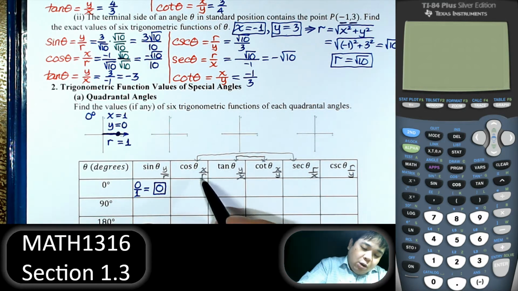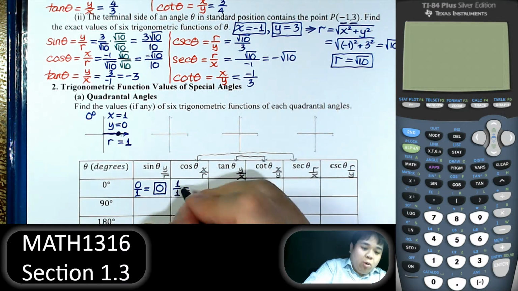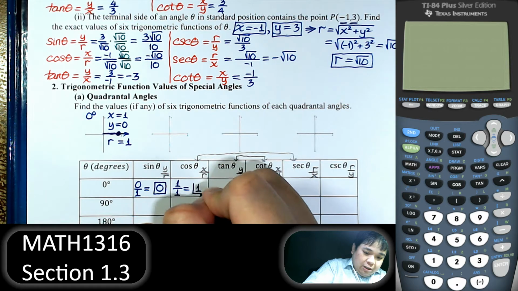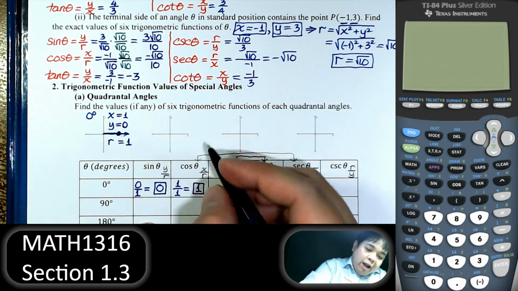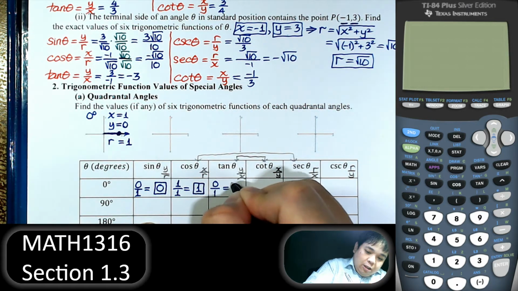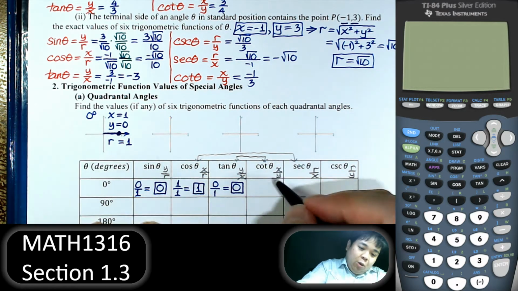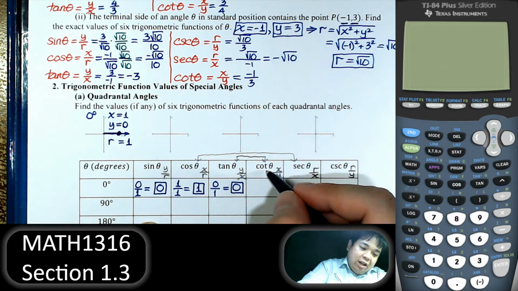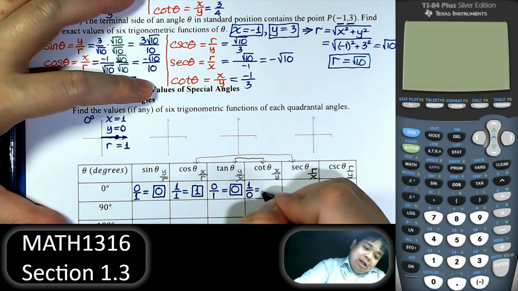Next, cosine is x over r, 1 over 1, which is 1. Tangent is y over x, 0 over 1. Cotangent is x over y, 1 over 0, so in that case, this is undefined.